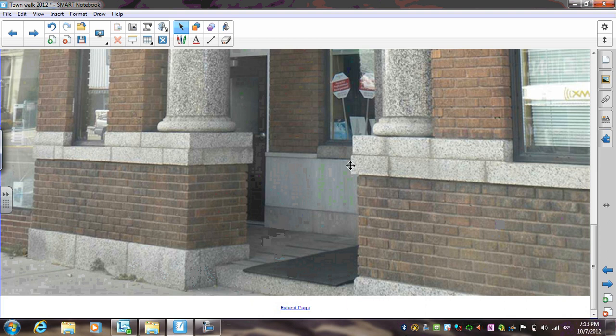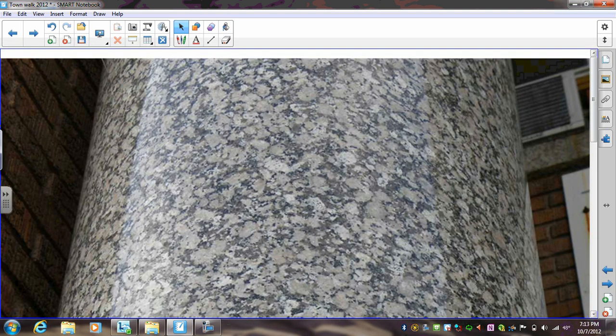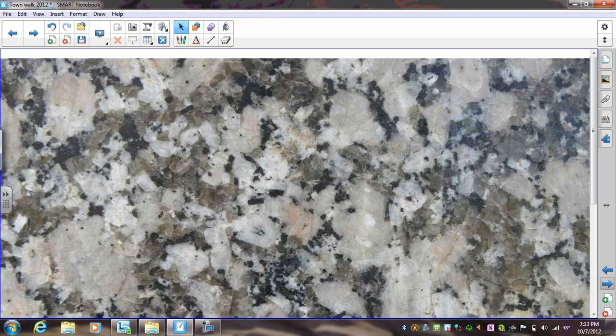This is all made out of this type of rock. If you want to look at it a little bit closer, these are the polished pillars. And looking at it even closer, here's the structure of it. So you can make your observations of this rock, decide if it's igneous, sedimentary, or metamorphic, and then tell me the name of it.